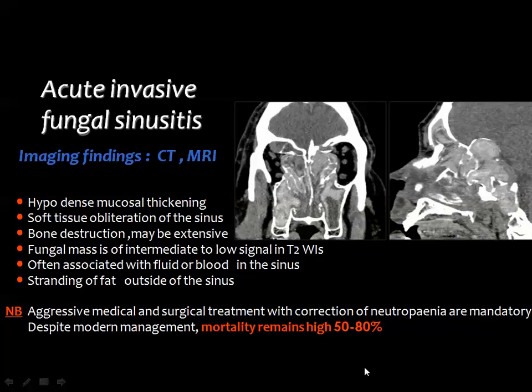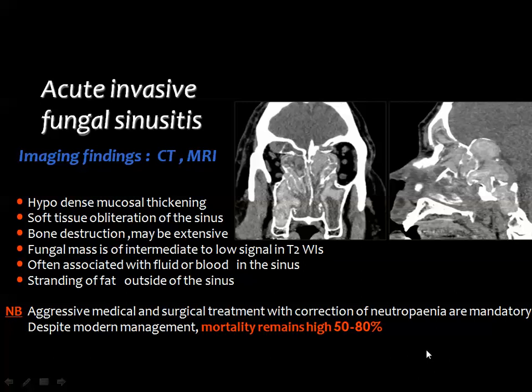And this is an example of extensive invasive fungal sinusitis involving the ethmoidal air cells, the maxillary antra, as well as the sphenoid sinus, with destructive changes in the skull base and also extension into the frontal sinus.